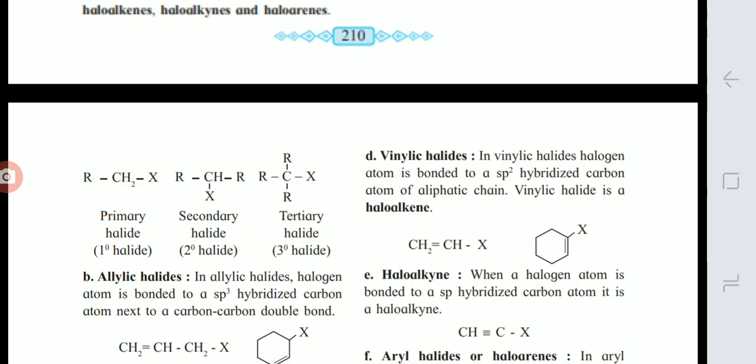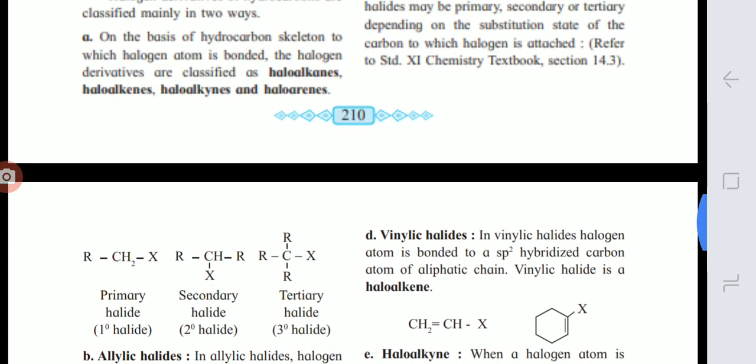A carbon attached to two carbons is a secondary carbon, and if the halogen is present on it, it is a secondary alkyl halide. If a carbon is attached to three carbons, it is a tertiary carbon, and if the halogen is present on it, it is a tertiary alkyl halide.